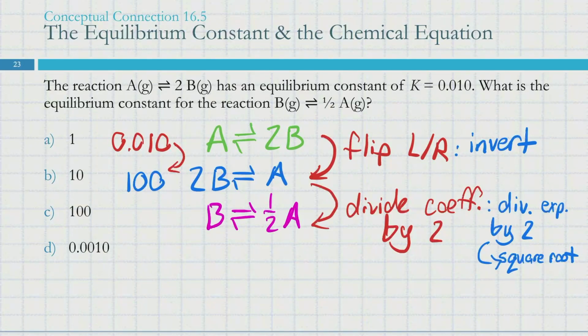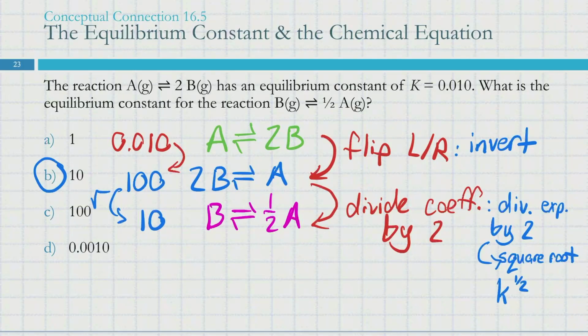And so that's going to transfer out to taking the square root of our K. So we should end up with 10 for our equilibrium constant. If you do the steps in the other order, you should get the same answer. So B.